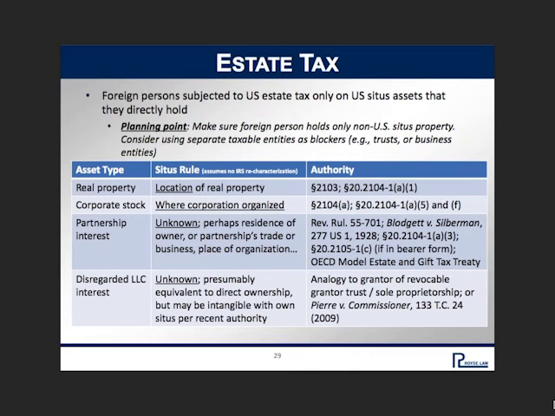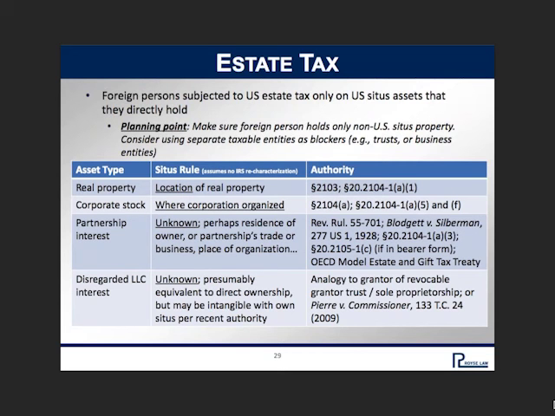So the key here is that if I'm a non-U.S. citizen, non-U.S. resident, I will be taxable on gifts of U.S. situs property, or upon my estate to the extent it consists of U.S. situs property. But the question is, what constitutes U.S. situs property?